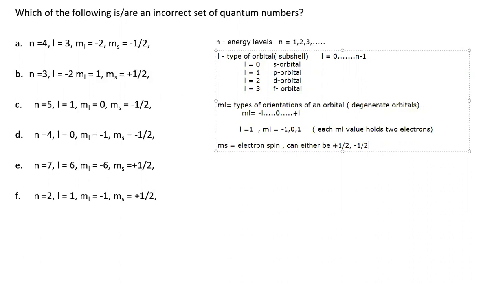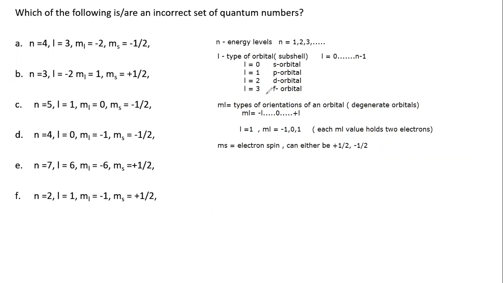So within each M sub L value, you have two electrons, one with a plus a half spin, the other with a minus a half spin. It doesn't matter which one is plus or minus. We'll talk more about that later on. But for quantum numbers, M sub S is either plus a half or minus a half, and for every M sub L value, you hold two electrons. For those two electrons, one is plus a half, one is minus a half. So that's just a brief summary of quantum numbers.